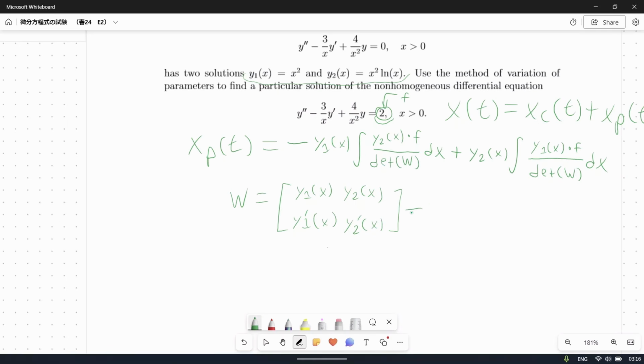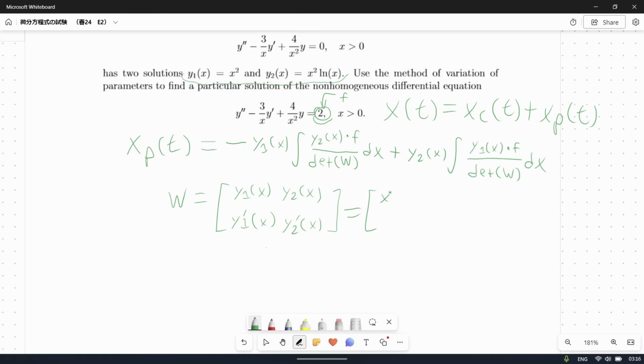In this case, that's going to be x squared and x squared ln of x, and then take the derivatives of those. So we end up with 2x and 2x ln of x plus x squared times 1 over x, which just simplifies down to x. So this is our completed Wronskian matrix.